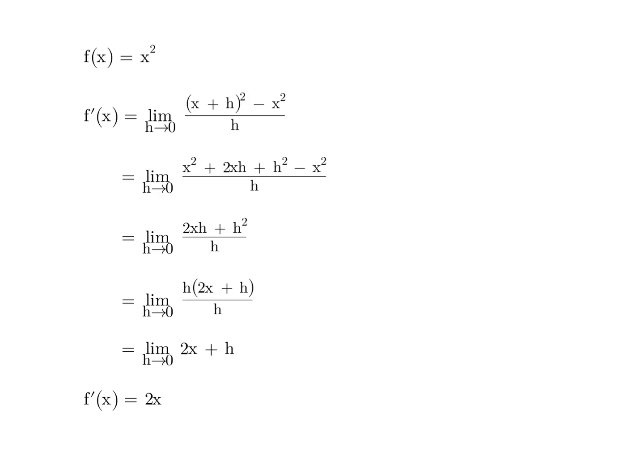So using the formula, f dash of x equals the limit as h approaches 0. So it was f of x plus h, so wherever there was an x, I put an x plus h. So it's x plus h all squared minus the original function, so the x squared, all over h. You expand that bracket first on top, and then you will note that the x squared minus x squared disappears, so they subtract to equal 0.